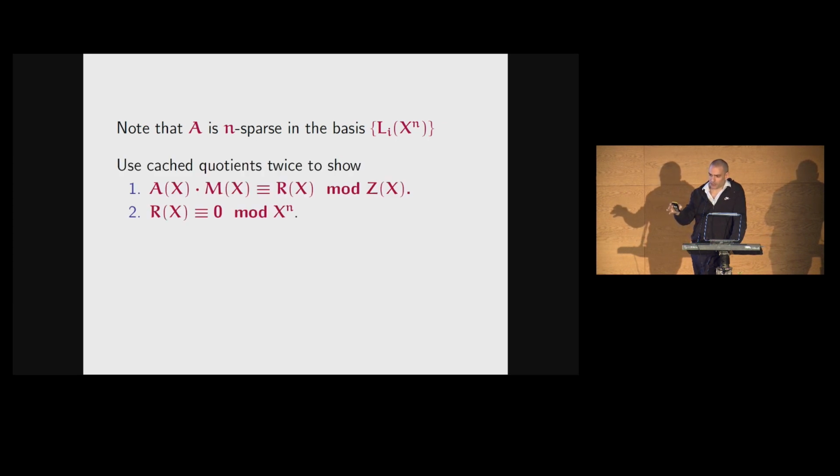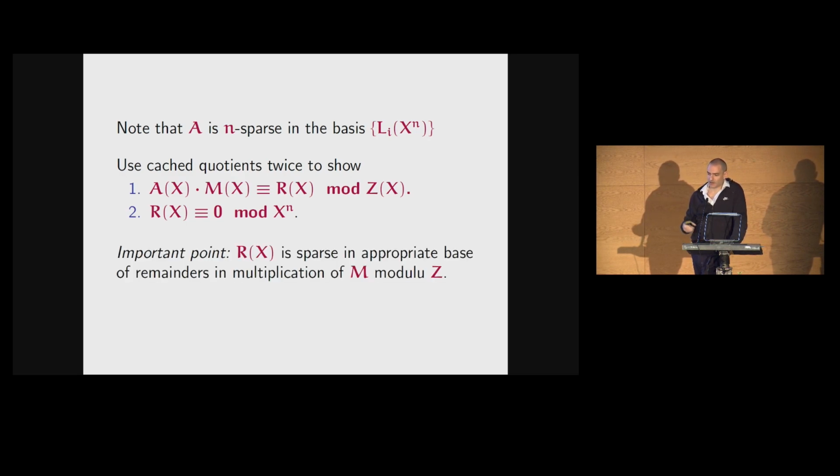So basically, we're going to use the cached quotients method twice. Once to show that the remainder we committed to is really correct, that a times m is equal to r. And the second time to show that r is 0 mod x to the n. And an important point, what we said was we can use this method when the non-fixed polynomial is sparse.